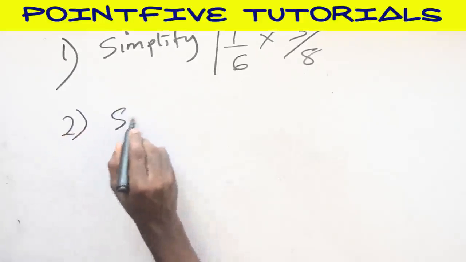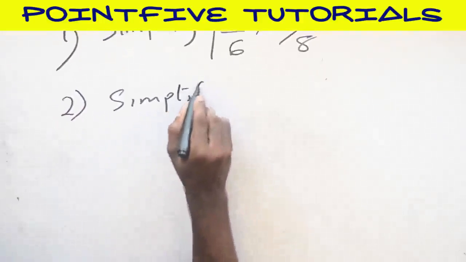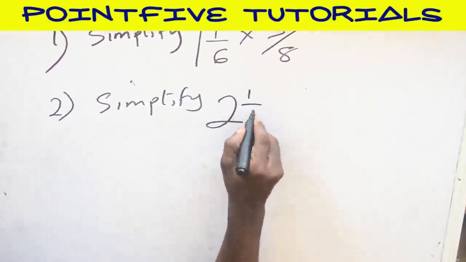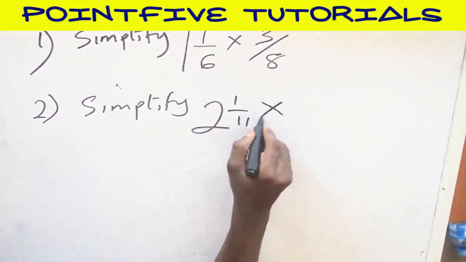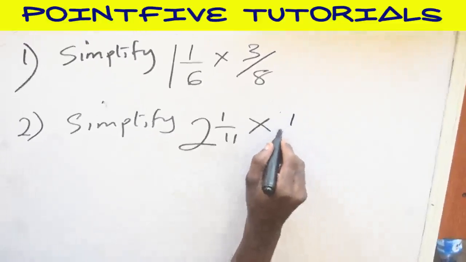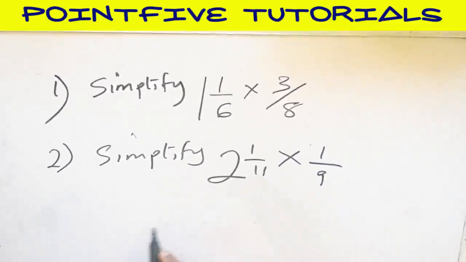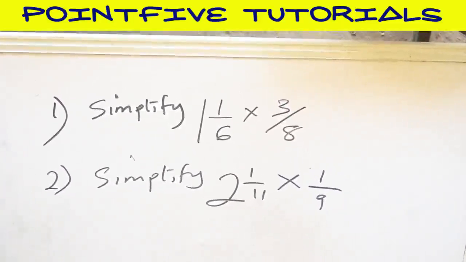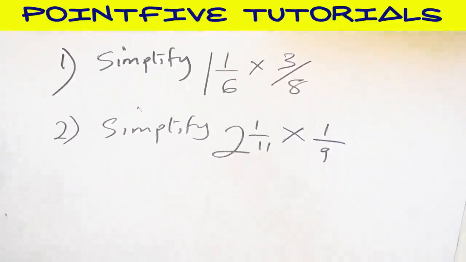Then simplify 2 whole number 1 over 11 multiplied by 1 over 9. So absolutely, there is virtually no big deal to all this.